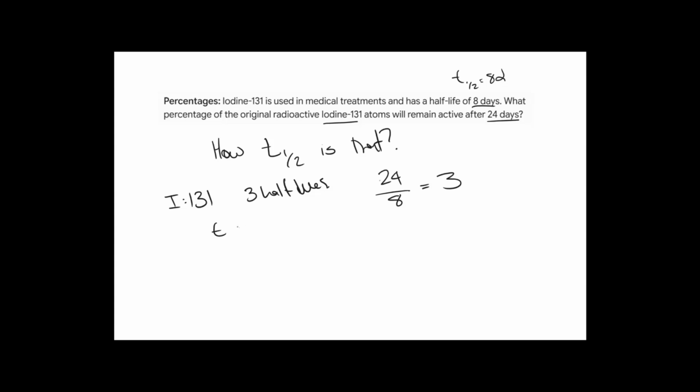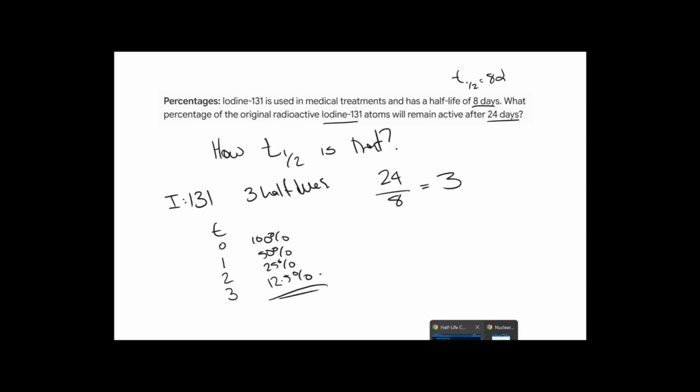So time t equals 0, 1 half-life, 2 half-lives, 3 half-lives. When we begin, there's 100% there. After 1 half-life, there's 50%. After 2 half-lives, 25%. And after 3 half-lives, there's going to be 12.5% left. And that's all that's going to be left.